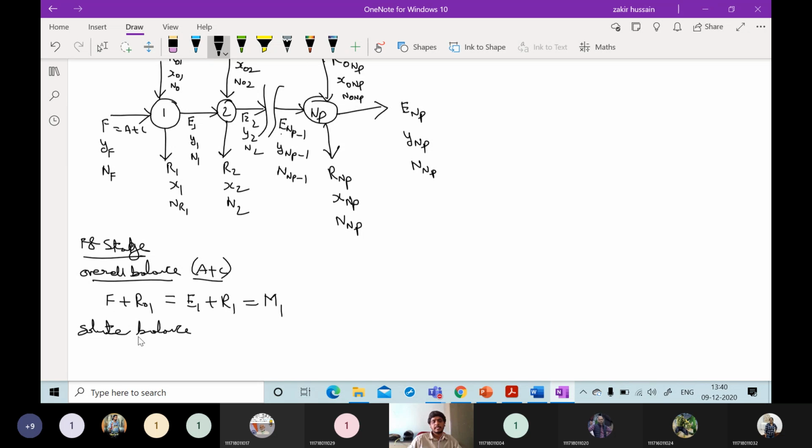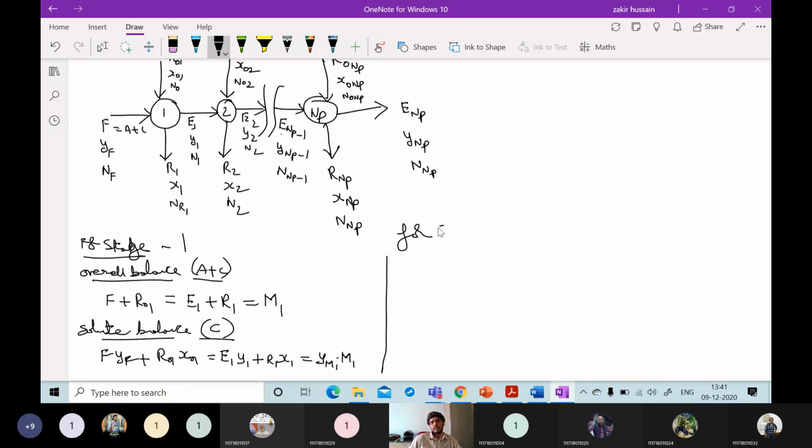Whenever I am saying solute, the first thing to strike your mind is C balance in terms of our notation. So C is F into YF plus R naught 1 into X naught 1 is equal to E1 into Y1 plus R1 into X1 is equal to some mixed stream YM1 into M1. So this is for stage 1.